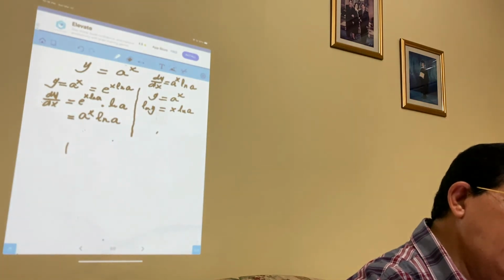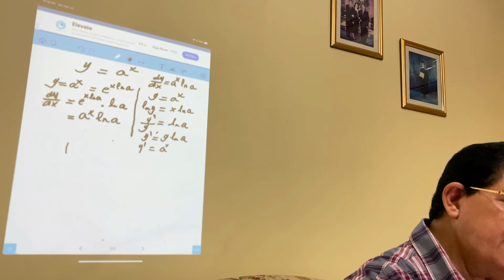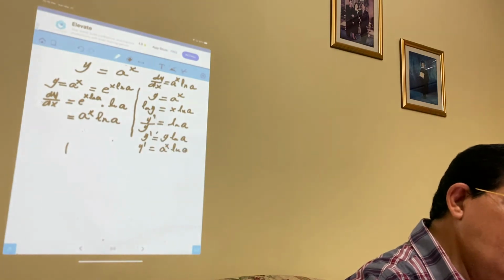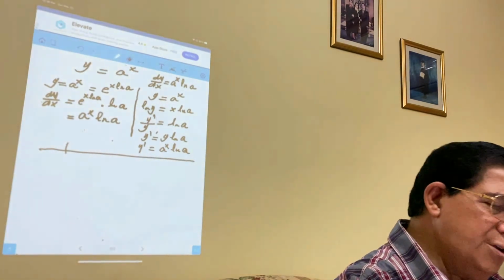Differentiation of ln y is 1 over y times y dash, and differentiation of x ln a is ln a. So y dash equal y ln a, and the y is a power x, so a power x ln a. Whatever method you would like to use to prove it, but this is the proof.